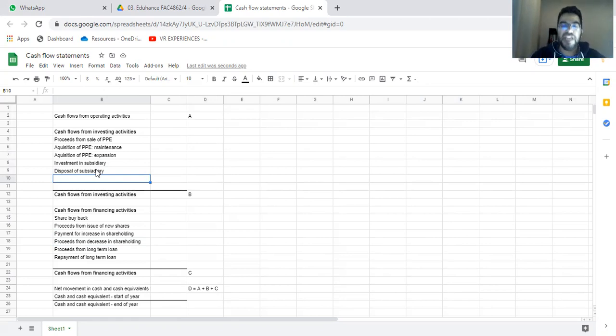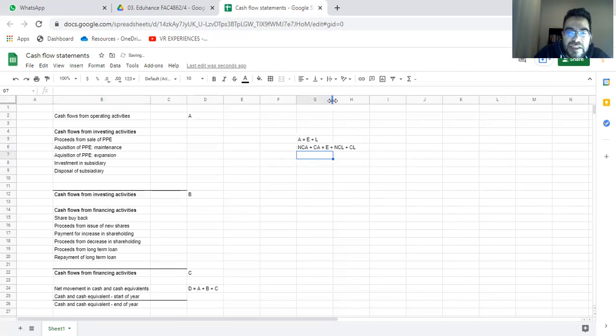So if you have a look at the accounting equation, assets equals equity plus liabilities. Another way to write this is non-current asset plus current asset equals equity plus non-current liability plus current liability.